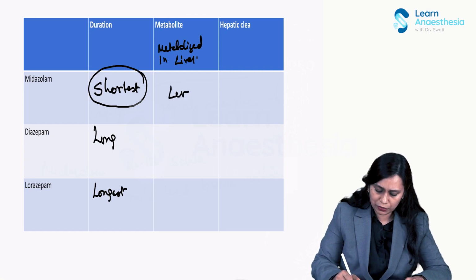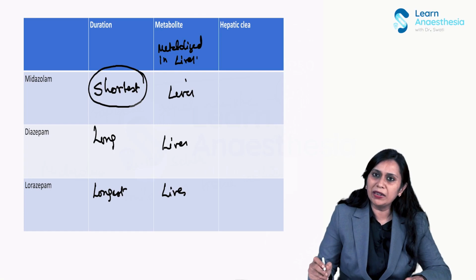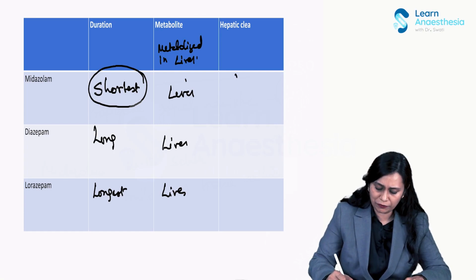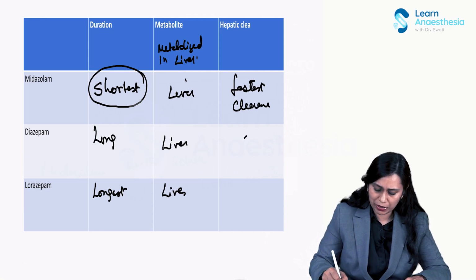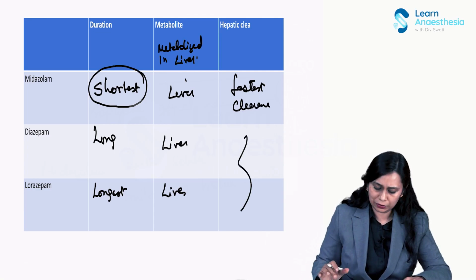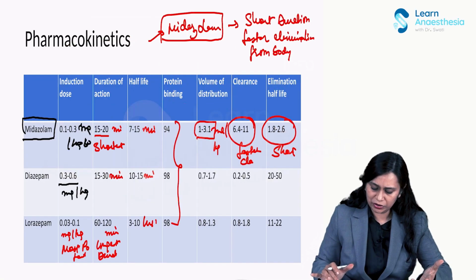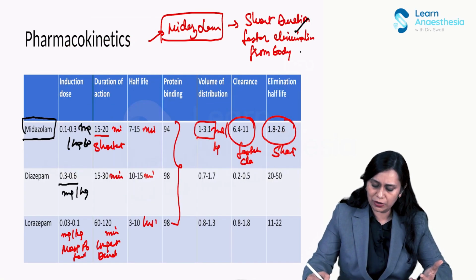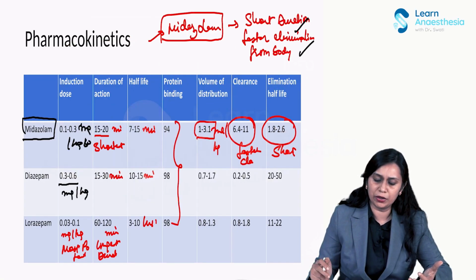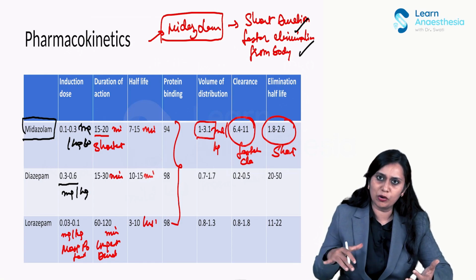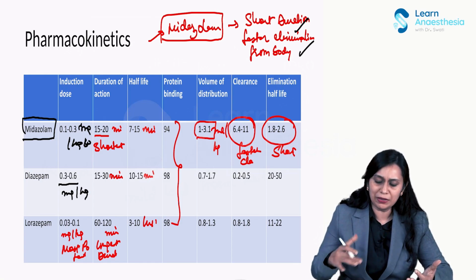So this also liver, this also liver, and this also liver. And the hepatic clearance of midazolam is the fastest compared to these two agents, right? So the same thing which I told you in this table also: shortest duration, fastest elimination from the body, right, of midazolam pharmacokinetics compared to diazepam and lorazepam.